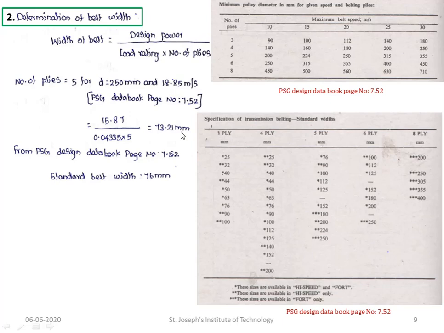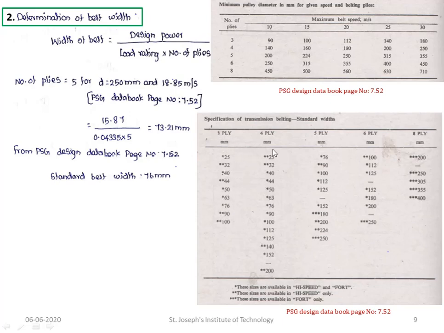Next I need to standardize this value. For that I go to data book page number 7.52. In that I can see many numbers of plies with many values. If your belt has 3 ply, you can select the width from this row.